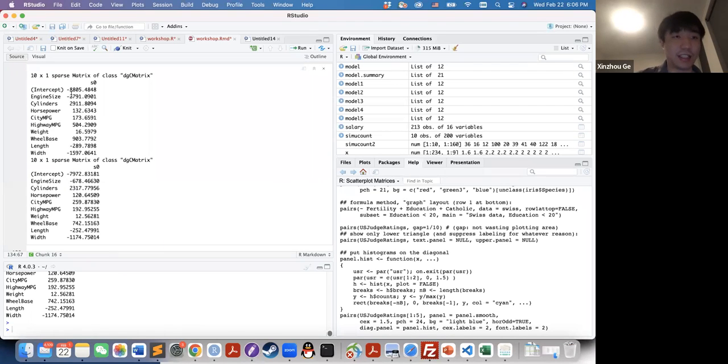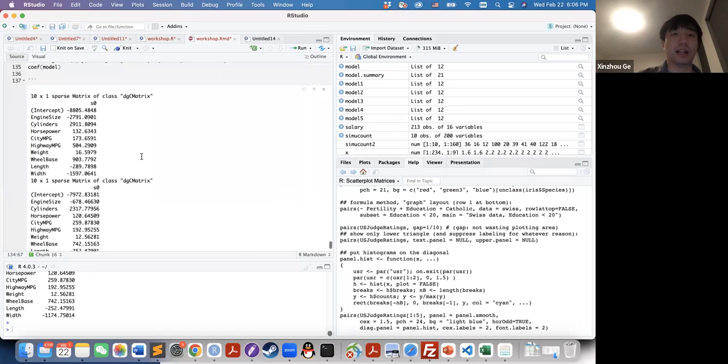If we look at the engine size predictor, the coefficient is very large when we have a small lambda, but when we have a large lambda, it becomes much smaller. And as cylinders and horsepower are important predictors from our intuition, these two predictors do not have a large change in terms of their coefficients.